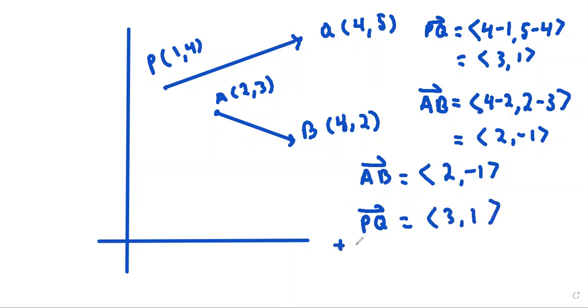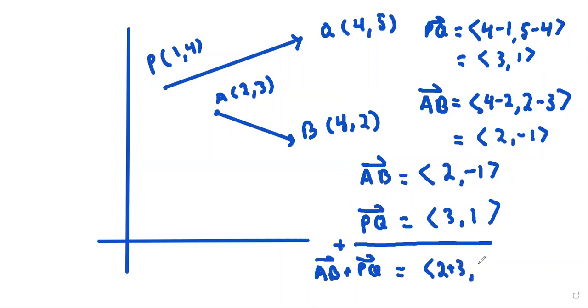And let's say I wanted to add these two vectors to give the vector AB plus PQ. To add these two vectors, I'd have to do 2 plus 3, minus 1 plus 1. And this would be the vector 5, 0.